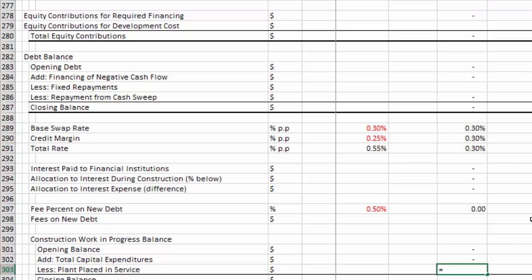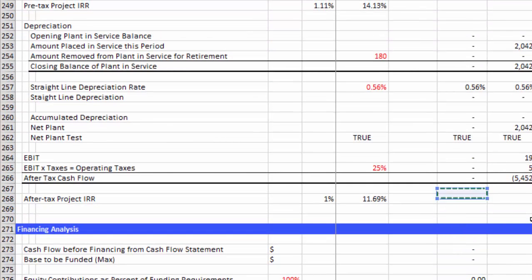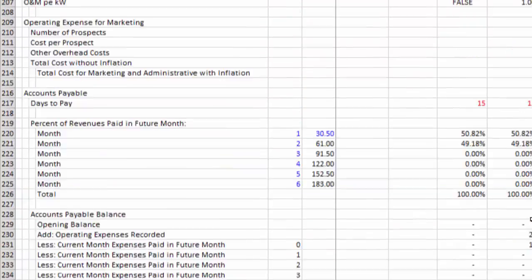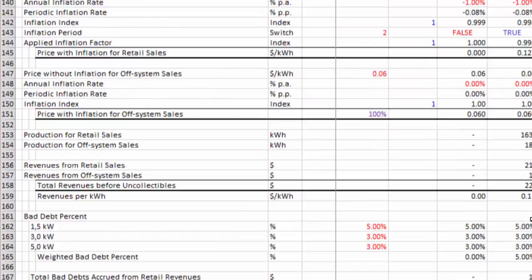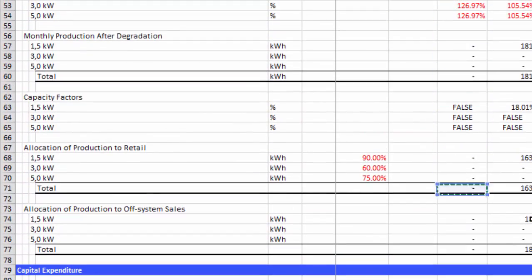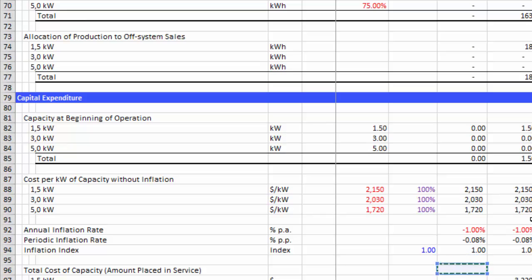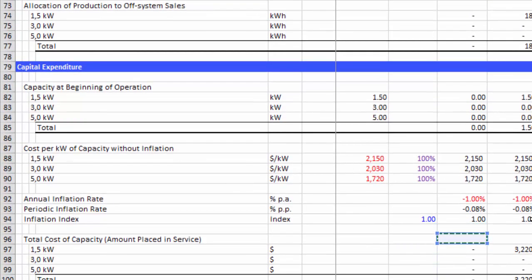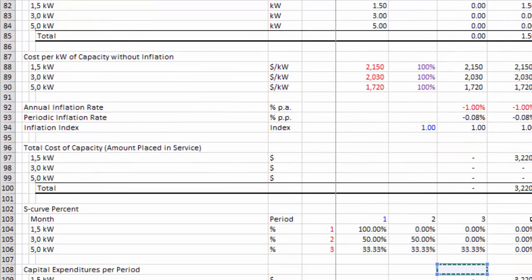But then the plant placed in service, remember that's down here. We could get this from here, or we could go up and find this. This was in, again, the capital expenditure section. We can find out how much actually went into cost of, this was the amount that was actually placed into service.